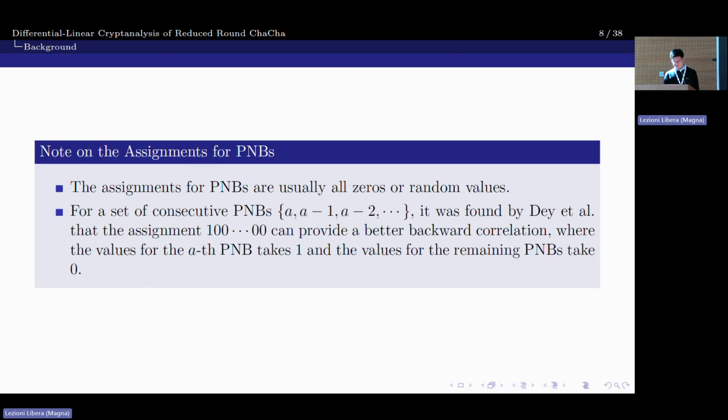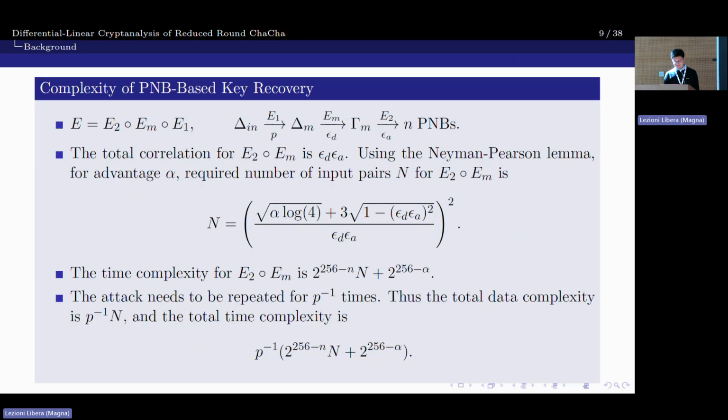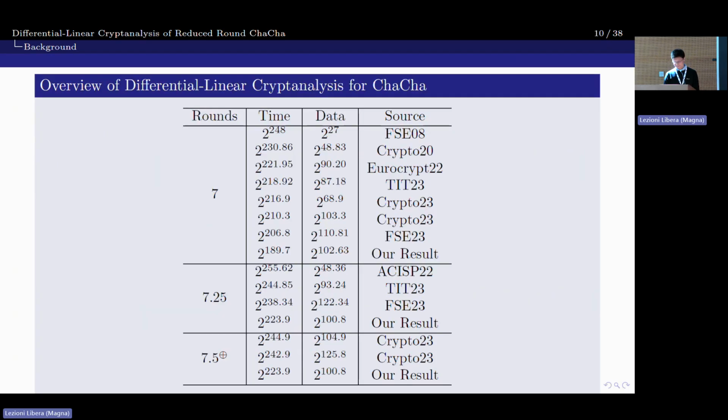Usually, the assignments for PNBs are all zeros or random values. But it was found by Dey that for a set of candidate PNBs, a particular assignment can provide a better correlation. This is the complexity of the PNB-based key recovery, the time complexity.